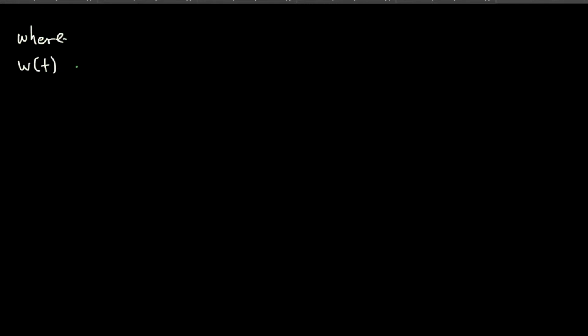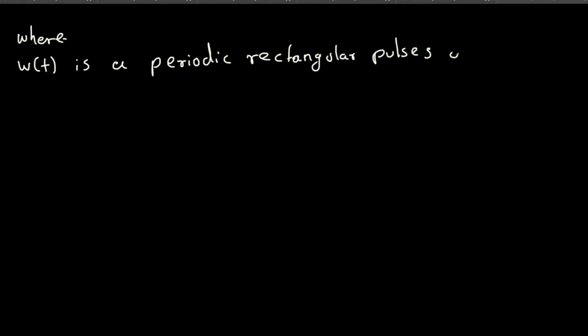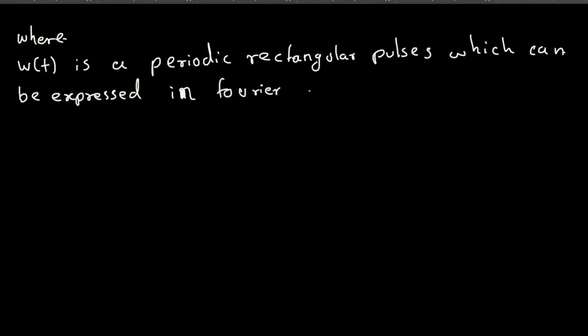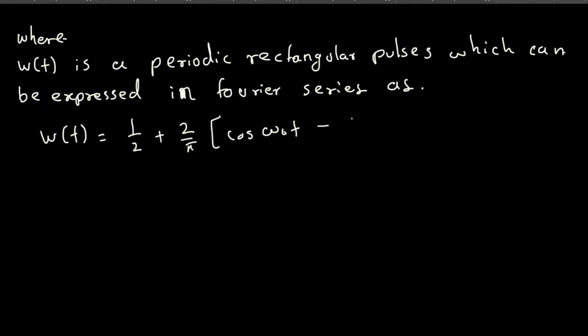W of t is periodic rectangular pulses, which can be expressed in Fourier series as W of t is equal to half plus 2 over pi cos omega naught t minus 1 over 3 cos 3 omega naught t plus 1 over 5 cos 5 omega naught t and so on.